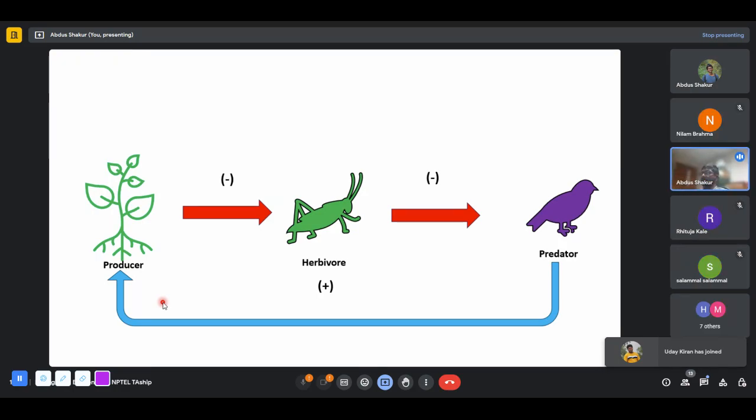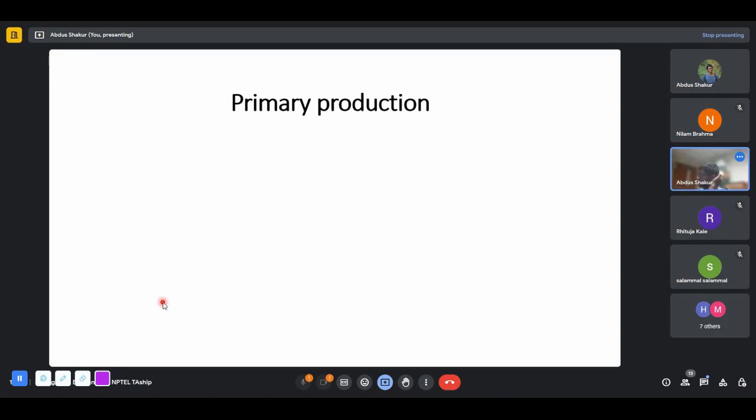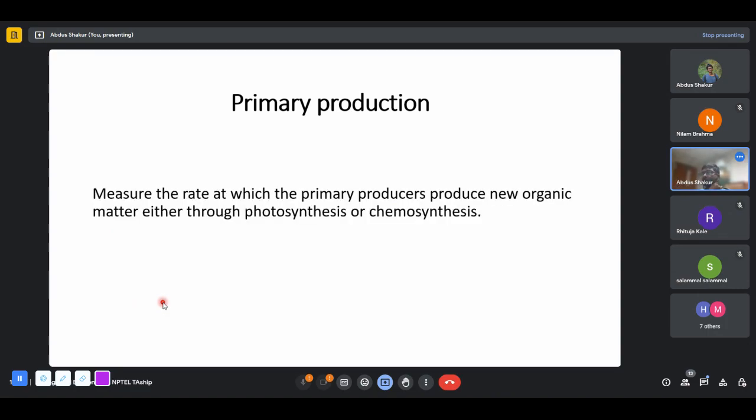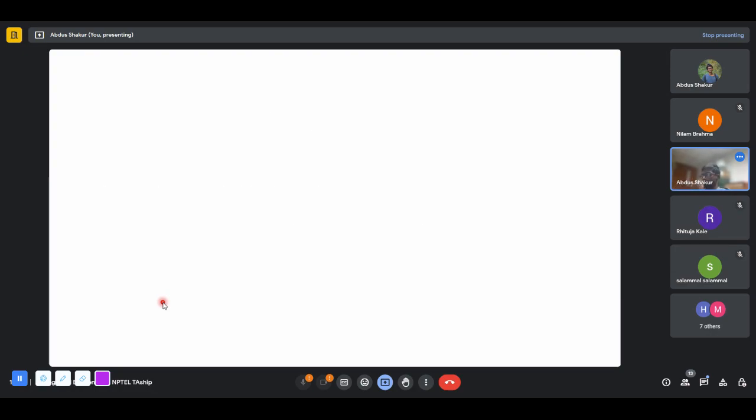So that's why understanding these relationships between species and how they interact is also going to help. And then how do you measure some of those things, like for instance primary production? Primary production is basically a measure of how much the primary producers are producing in terms of organic matter, either through photosynthesis or chemosynthesis.